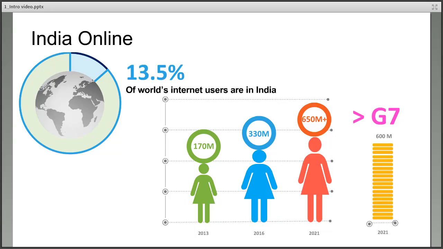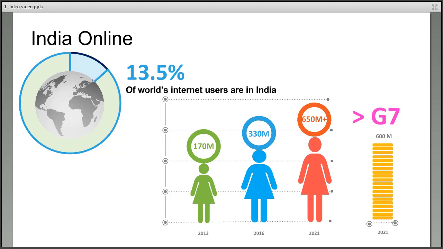The number of internet users has risen from 170 million in 2013 to 330 million in 2016, which is approximately a double growth within 3 years. This number is expected to touch 650 million in 2021, which is not even 4 years from now.